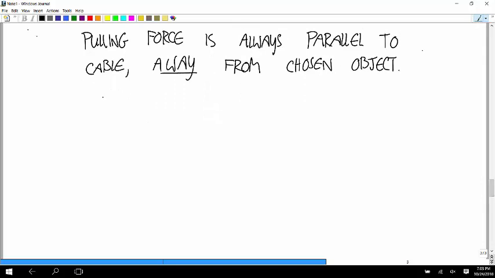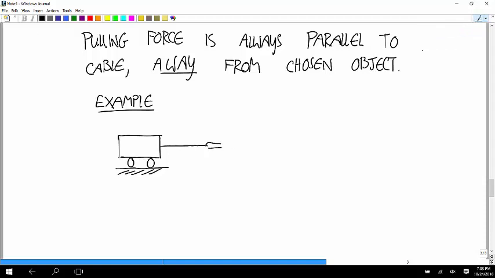Okay, so let's say that there's a cart on the ground and this guy's pulling on this cable, this string.